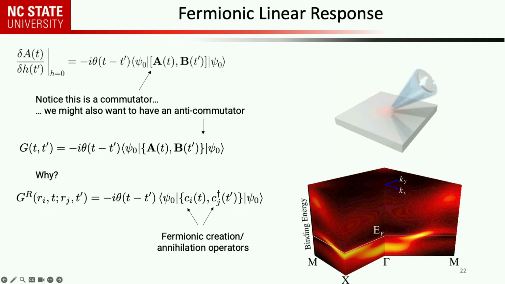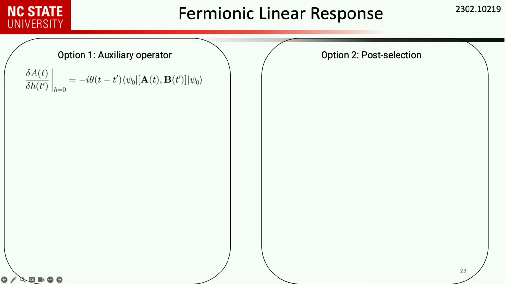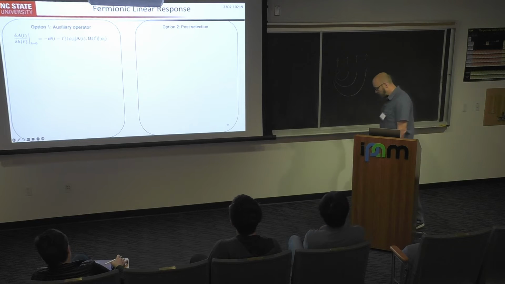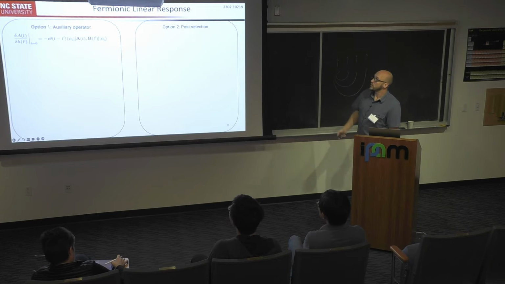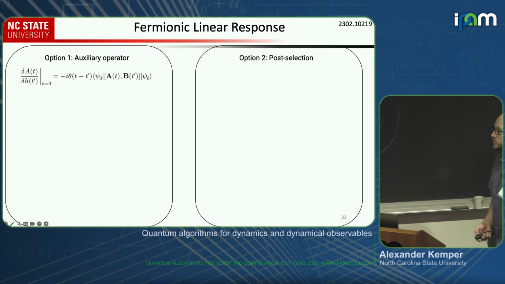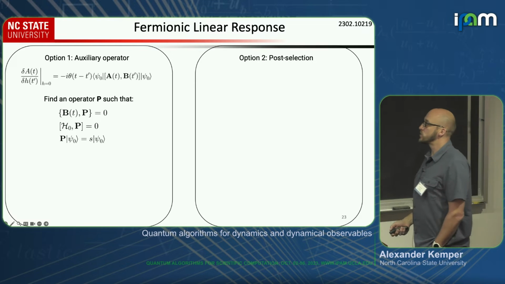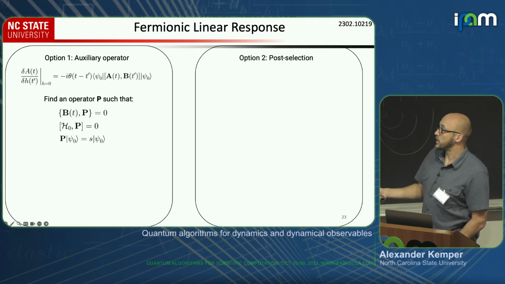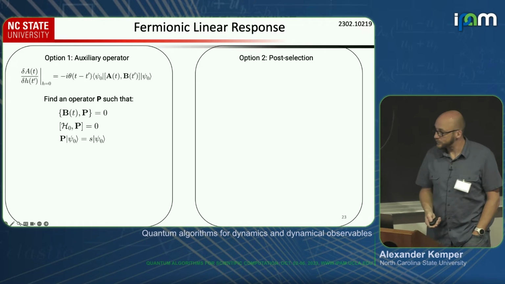All right. So there are two options for doing this. They're essentially equivalent, but they make use of the quantum computer in different ways. One, you can use some auxiliary operator, or two, you can do some clever pulse selection. It's straightforward. You find some operator P that anti-commutes with whatever B you're trying to measure.